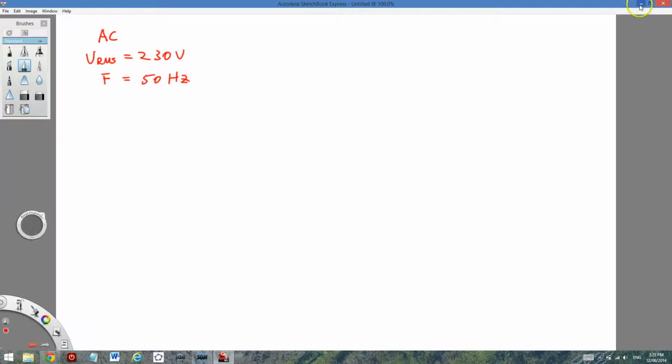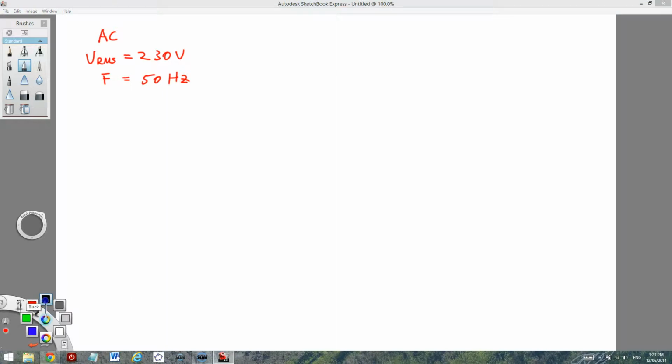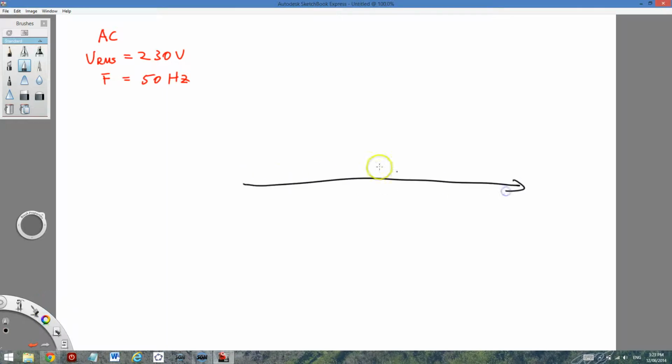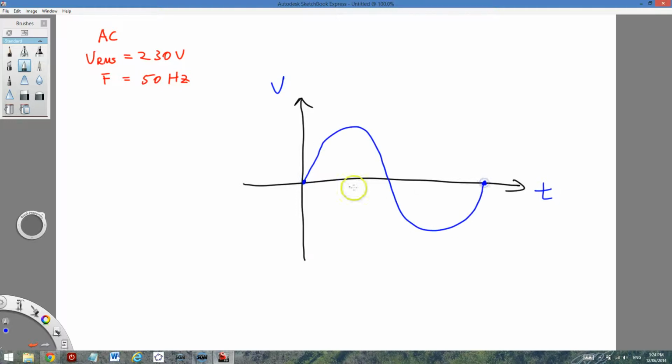If I try to sketch one period of the supplied electricity, I can start from here. Just remember step 1: AC current has a sine wave. So we have voltage, we have time. I can easily sketch a sine wave.